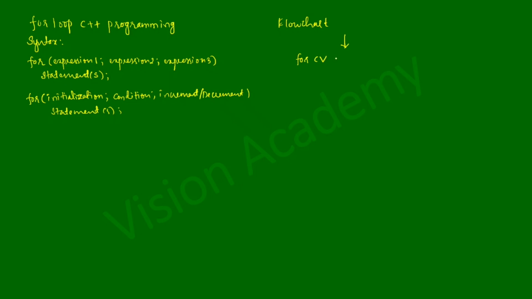CV means control variable is equal to IV, initial value, to final value, and this should be written in a geometrical figure called preparation. So here I'm going to draw a geometrical figure that depicts it is a for loop.